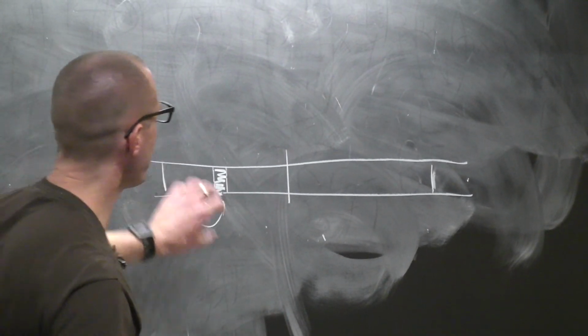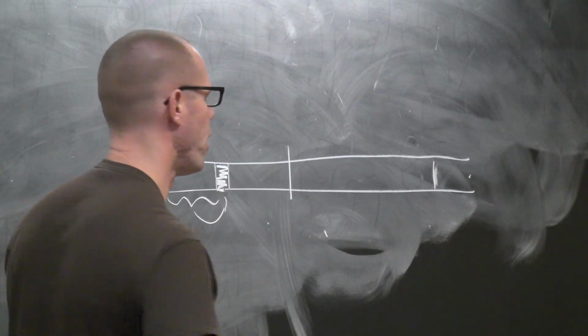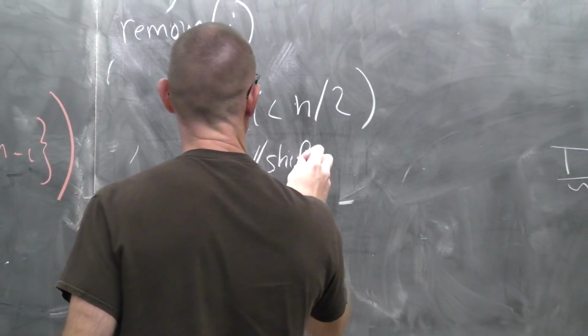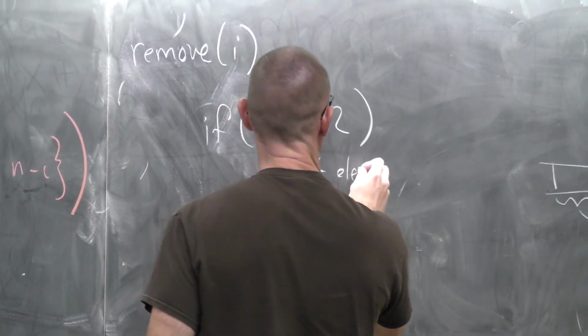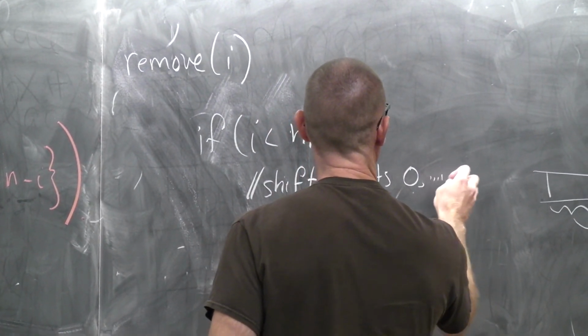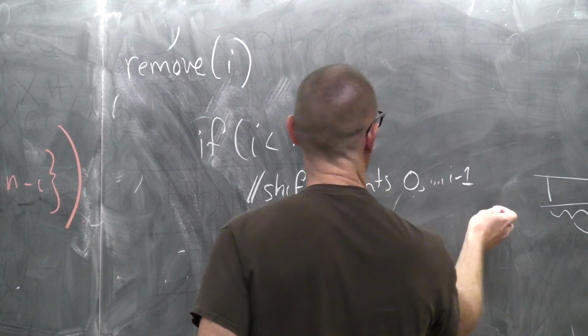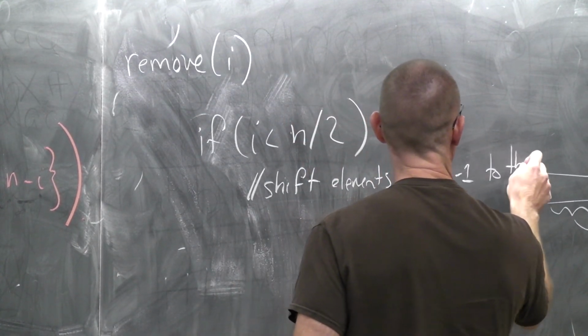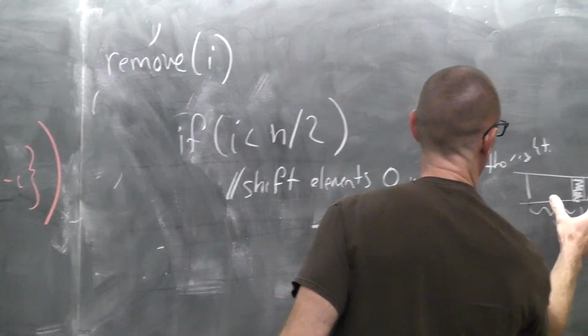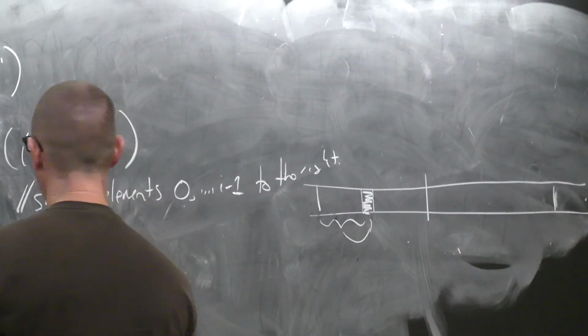There's less of these items than there are items that come after it. So that is something like shift elements 0 up to I minus 1 to the right. These guys move over and fill in the gap.